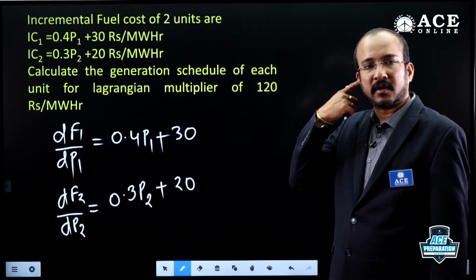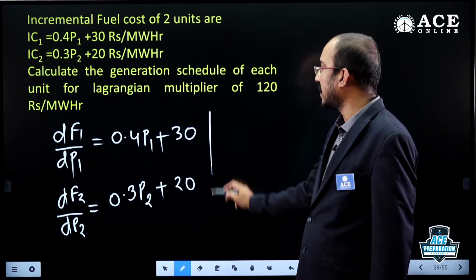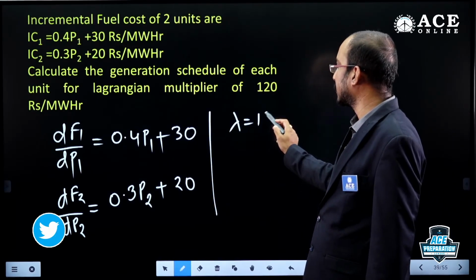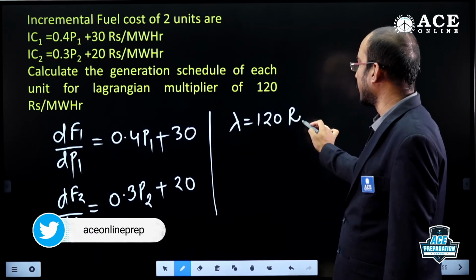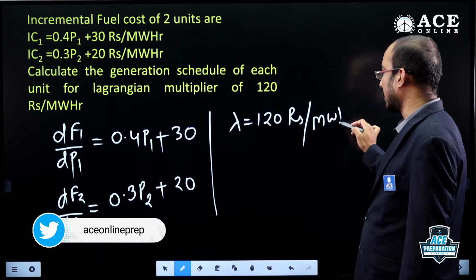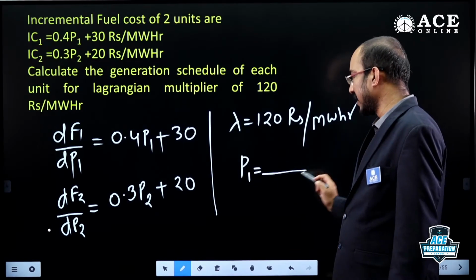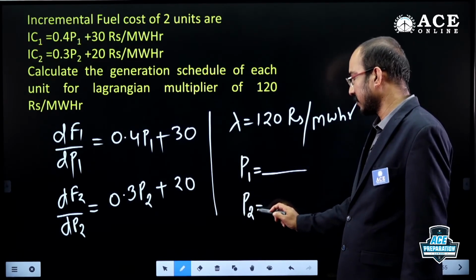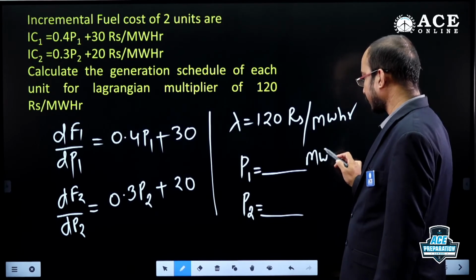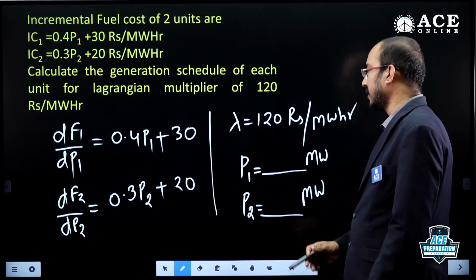Lambda is given as 120 rupees per megawatt hour. What is asked? The value of P1 and the value of P2.